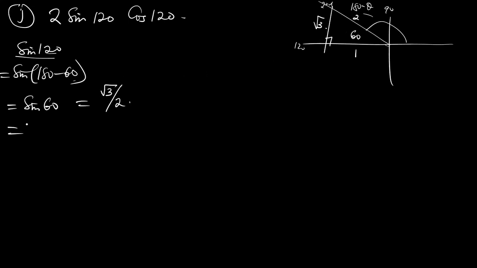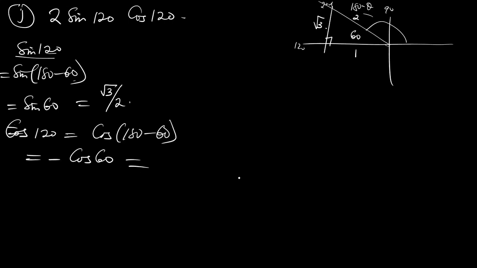Then the next one, you have cos 120, which is the same thing as cos of 180 minus 60. And cos is negative here, so you have minus cos 60. Cos 60 is adjacent over hypotenuse. So the adjacent to this angle is 1 divided by 2. So we have minus 1 over 2.